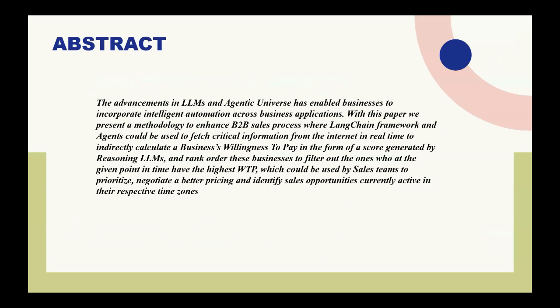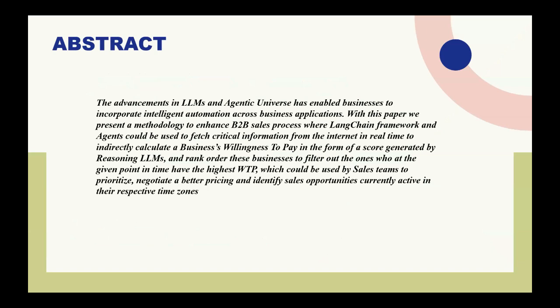So I'll walk through the abstract of the paper. We know that Agentic Universe is new. I think last year around March or April timeframe is when I started using agents on top of LLMs. So agents are nothing but some piece of code that allows an LLM to perform an action.